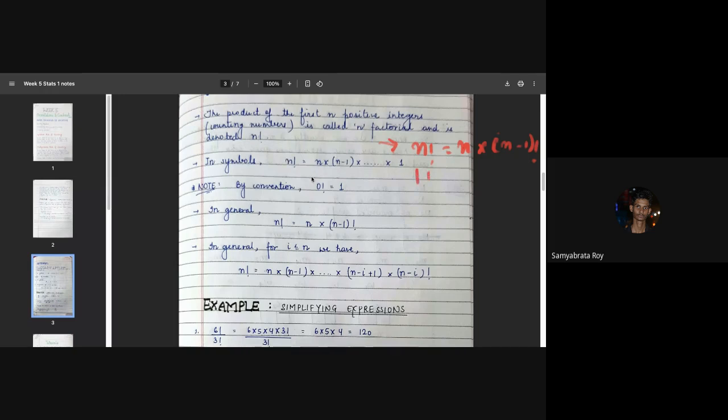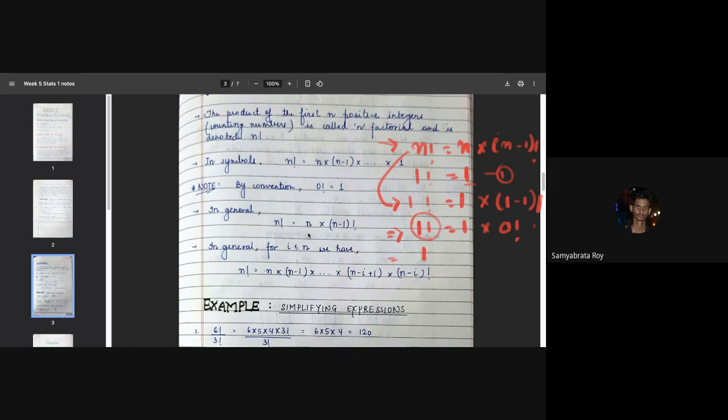Now I can write 1 factorial is equal to 1, right? I can also write 1 factorial is nothing but 1 into 1 minus 1 factorial according to this. Now 1 factorial is nothing but 1 into 0 factorial, right?